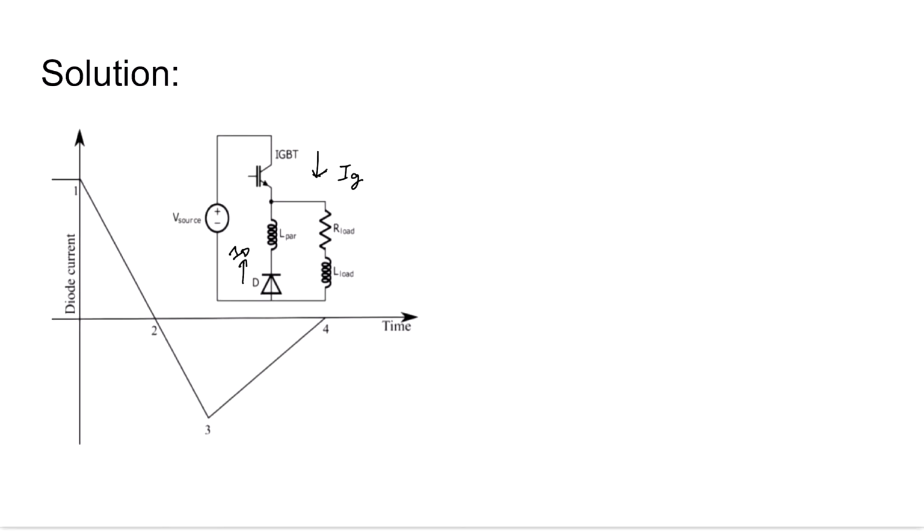Now that we have decided the positive directions for the IGBT and the diode current, let us draw the switching waveforms for the circuit, assuming all the components are ideal in nature. That is, all components have no losses and ignoring the reverse recovery characteristics of the diode.